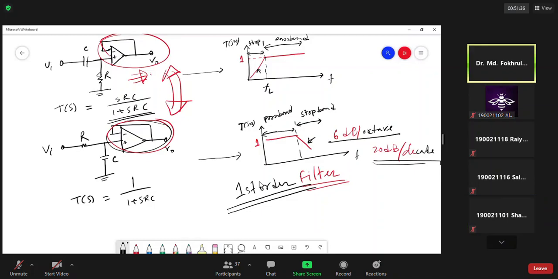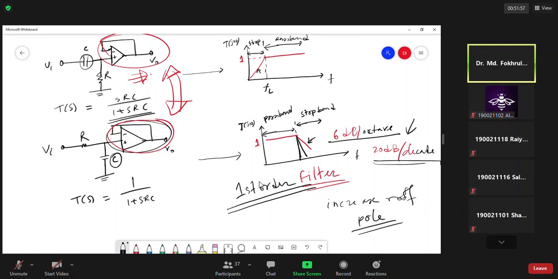So if we need a sharper response like this or like this, then we need to increase the number of poles. Increasing the number of poles basically means we need to increase the number of capacitors.